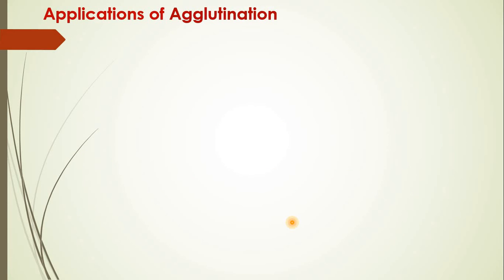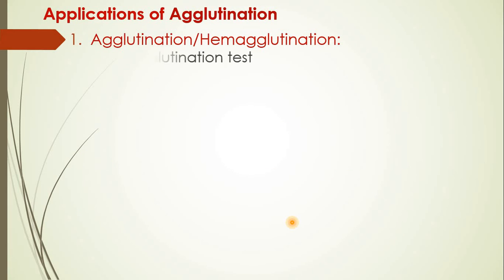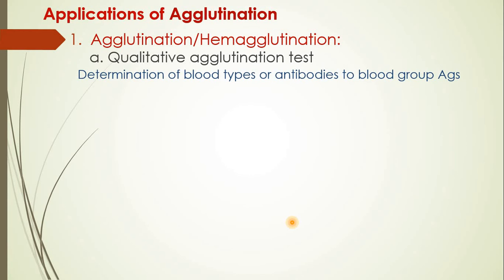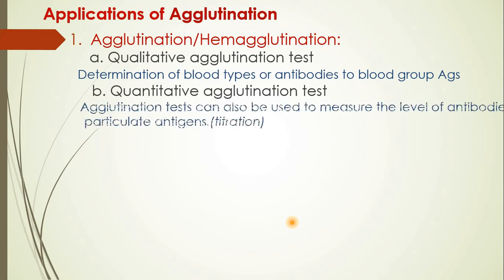Now what are the applications of agglutination? Agglutination is used in quantification of antibodies, and it is also used in determination of blood type. The reaction in which the blood typing is done is called hemagglutination.